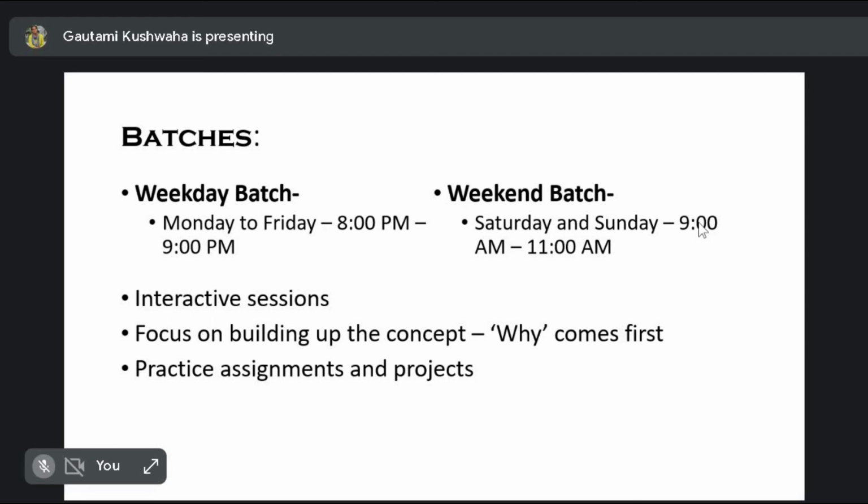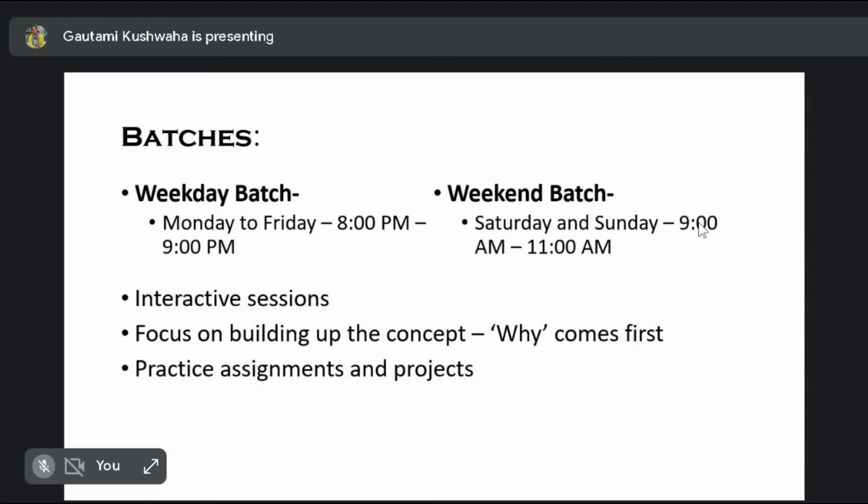So it's going to be a very interactive session, and it's not just our material which is going to help you learn, but doubts from all the participants and suggestions and ideas from all the participants, as one thing which we observed from past few batches helps a lot for participants to learn from that.